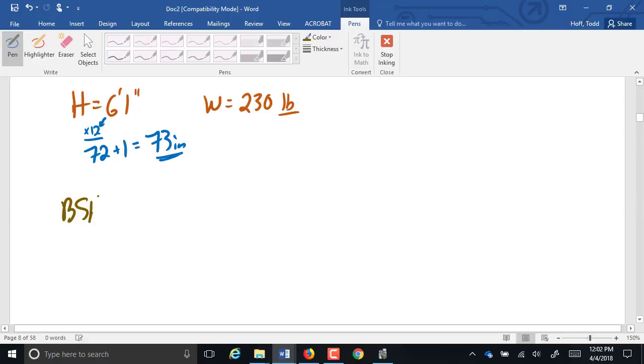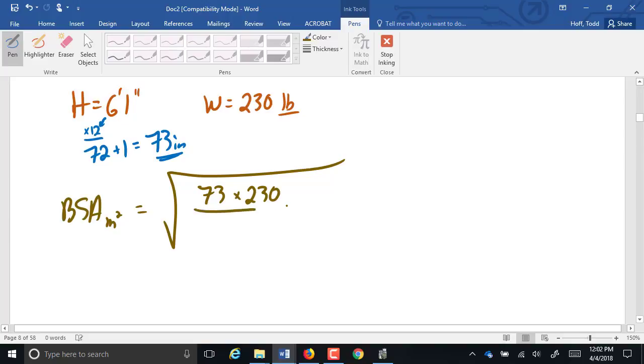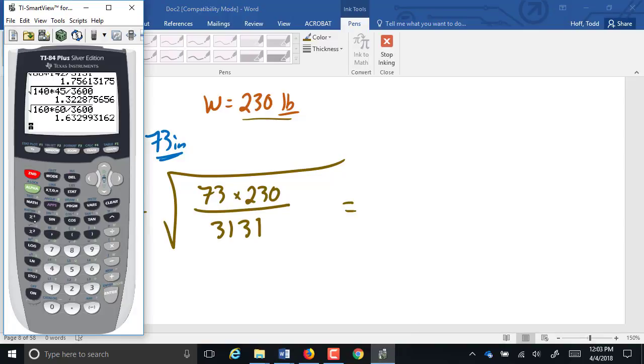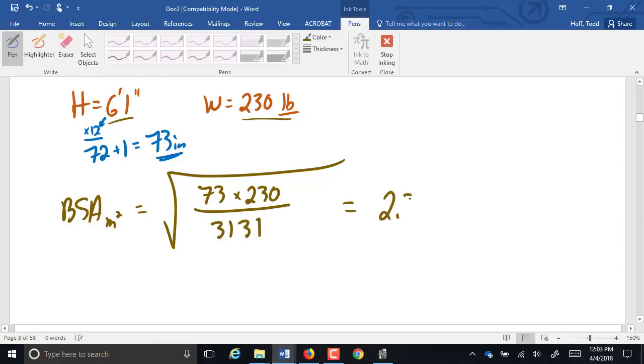So our body surface area in meters squared will be the square root of our height of 73 times our weight of 230 divided by, now here's the thing, we've got to remember which number goes on bottom. Since these are standard units, inches and pounds, it's 3,131. So second square root of 73 times 230 divided by 3131. So 2.32 meters squared is the body surface area for that patient.